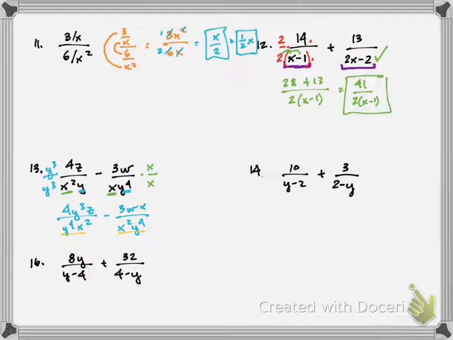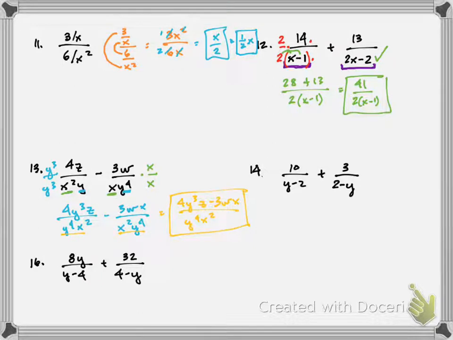And now we need to combine our numerators. It's going to be 4y cubed z minus 3wx over y to the 4th x squared. And that cannot be reduced. I had to think about that for a second. There's nothing that we could factor out and reduce in that case.